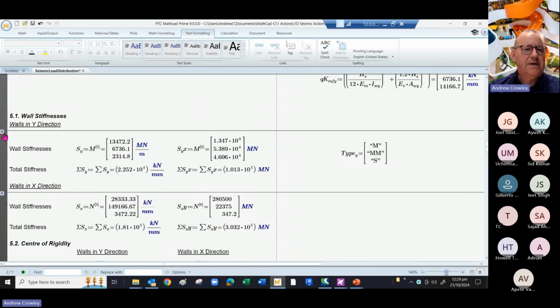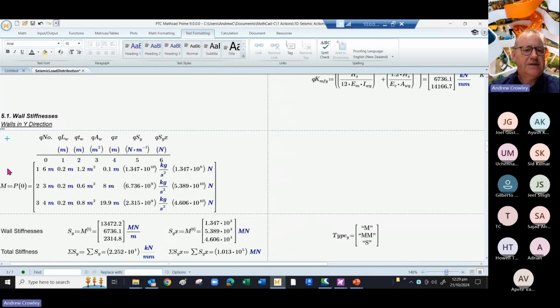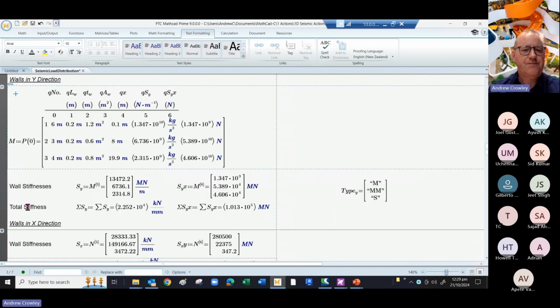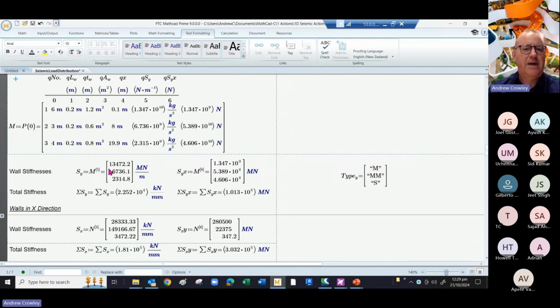Similarly, walls in the x direction for wall stiffnesses. There is our table that we've just derived. And from that, we can pull out our wall stiffnesses is the 5th column in our matrix. And because our matrices are indexed from the number 0, we have the column here to populate the wall stiffness.